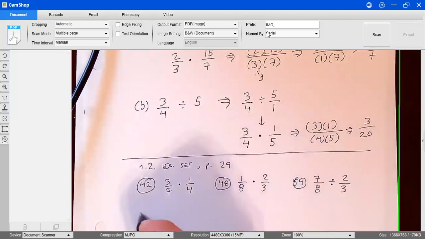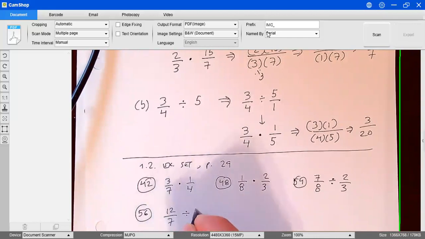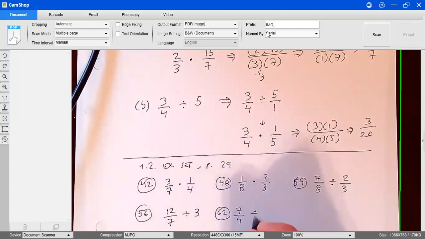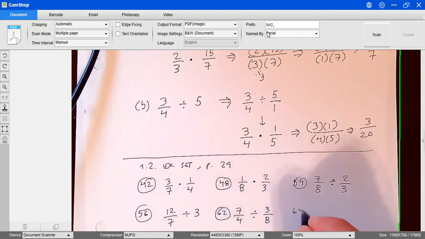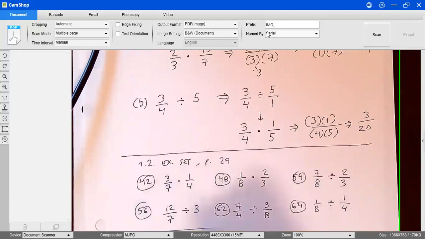Then problem 56, 12/7 divided by 3. Then problem 62, 7/4 divided by 3/8. And finally, problem 64 is 1/8 divided by 1/4. So this is your assignment.